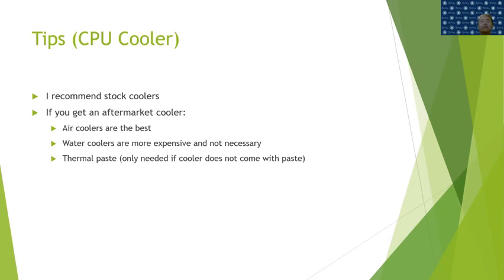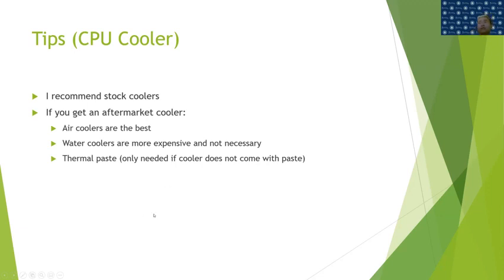And the last point I'll talk about for the CPU cooler is something we haven't talked about, and that's a component called thermal paste. Thermal paste is just a paste that is applied to the CPU in order to conduct heat from the CPU to the cooler.